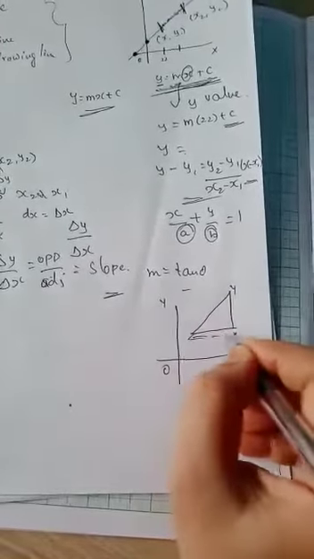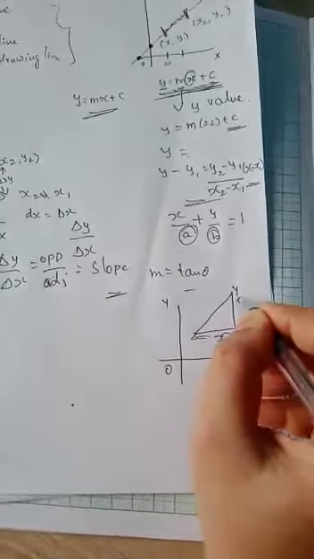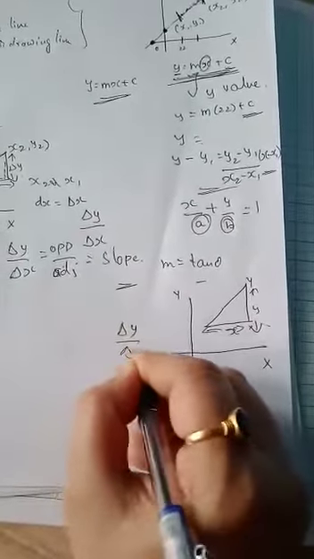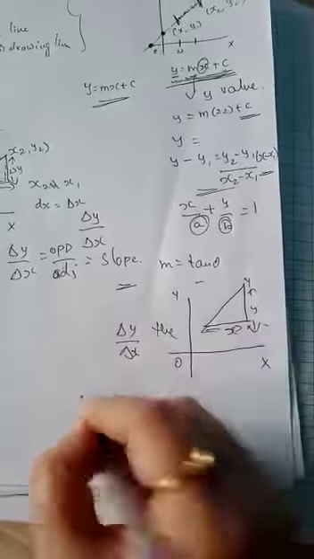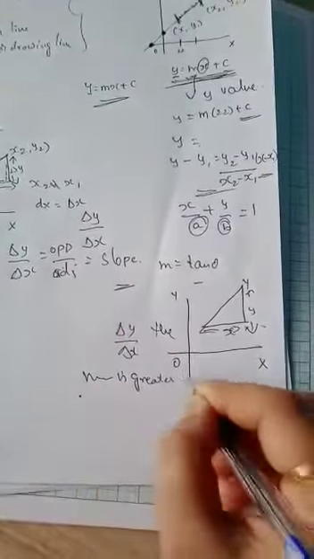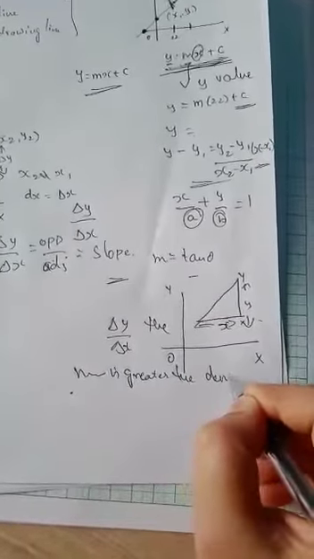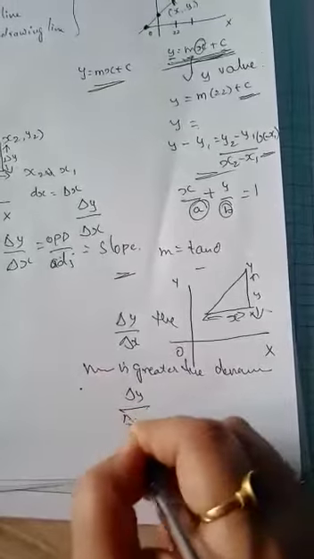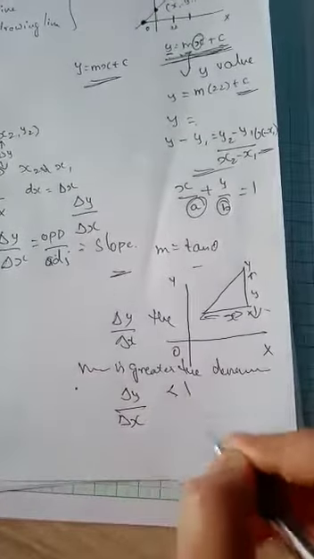This length x will be greater than this y. So for delta y by delta x, the numerator is less than the denominator, and then the value of delta y by delta x is less than 1.